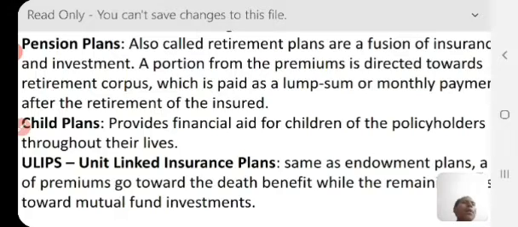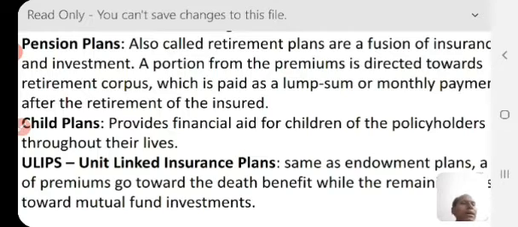there are two options for the policyholder. It is to be chosen at the beginning of the policy. One is payment of a lump sum amount after attaining the age of retirement, and the other is the monthly payment system.